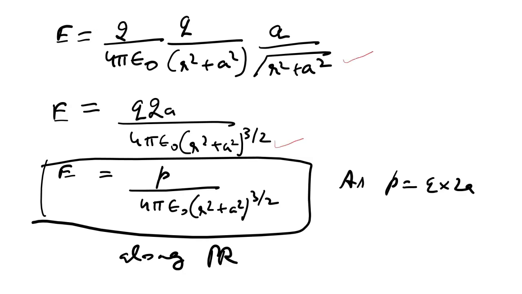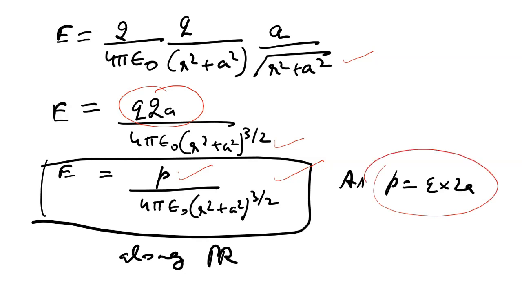So the denominator becomes r square plus a square raised to power 3 by 2. This is the electric field intensity on the equatorial line of the dipole. Here q into 2a can be replaced by p, because dipole moment equals q multiplied by 2a. The direction will be along PR, as seen in the diagram.